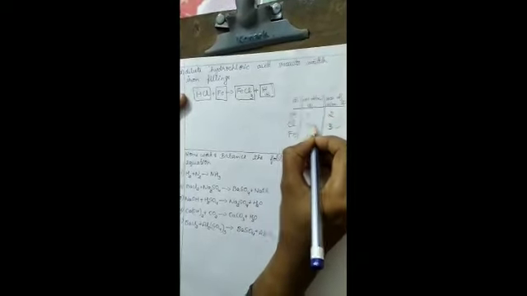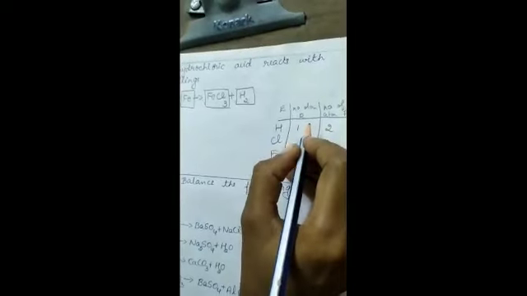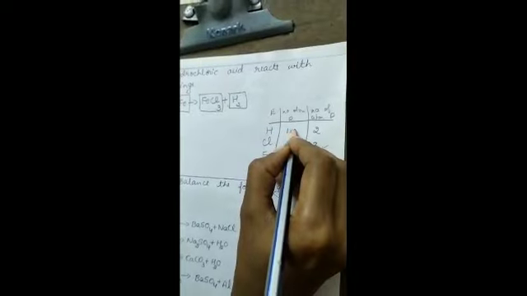When you multiply by 3, it becomes balanced. So I'll add 3 here as a coefficient. Now chlorine is balanced, but hydrogen got disturbed. So here also you must multiply by 3, right? It applies to both the elements.